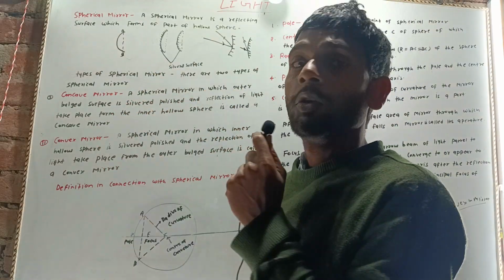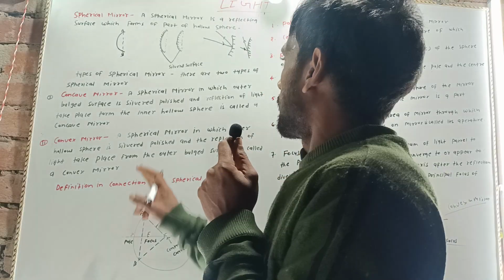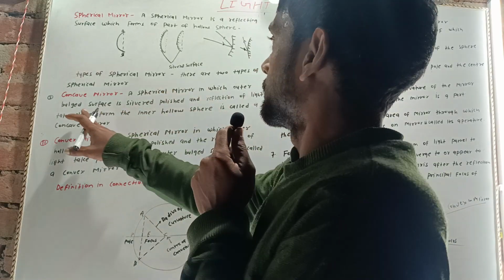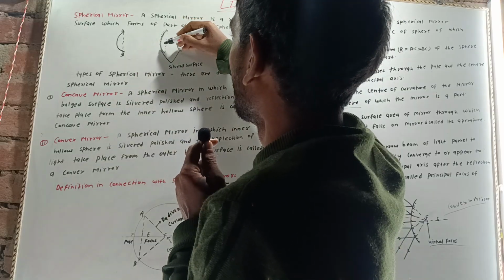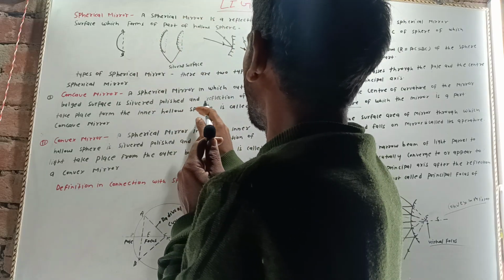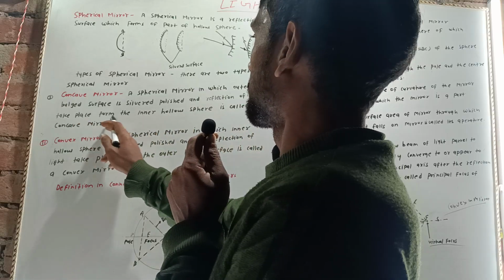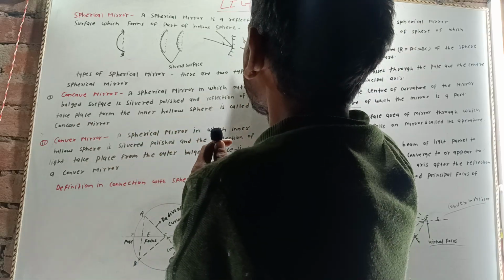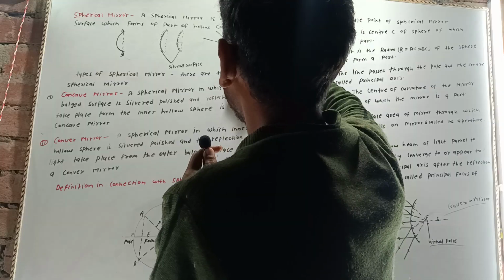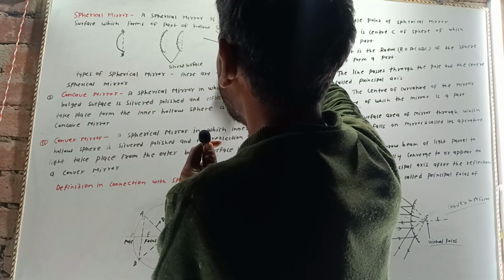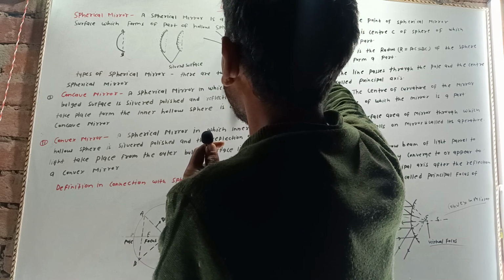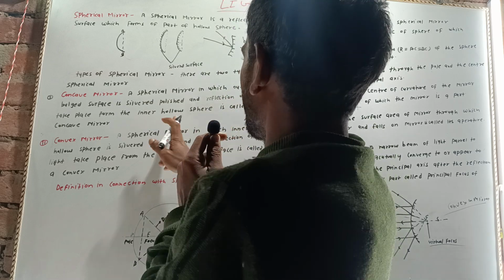First, concave mirror. What is a concave mirror? A spherical mirror in which the outer bulged surface is silvered, polished, and reflection of light takes place from the inner hollow sphere. Suppose this is the incident light, it reflects from the inner hollow sphere.